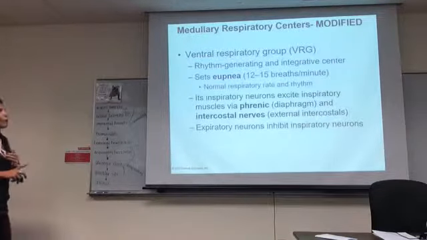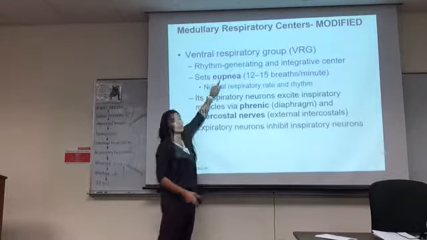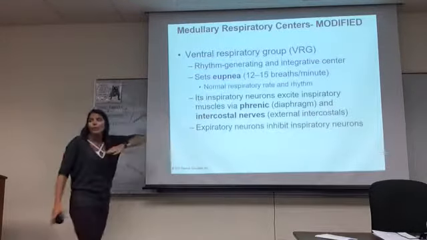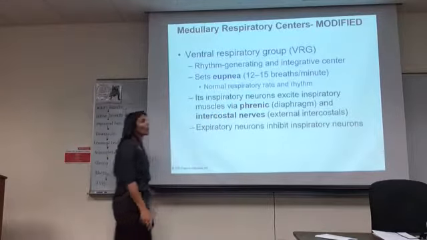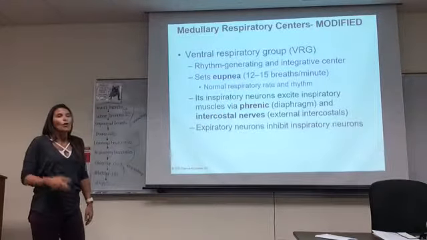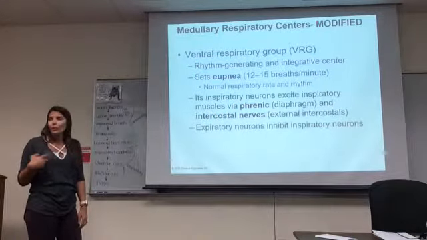Your ventral respiratory group, which is your motor portion, sets your eupnea. Eu means true. So this is your regular breathing rate, regular respiratory rate. So at rest, we're looking around 12 to 15 breaths per minute. The nerve that helps to innervate and control this is your phrenic nerve.